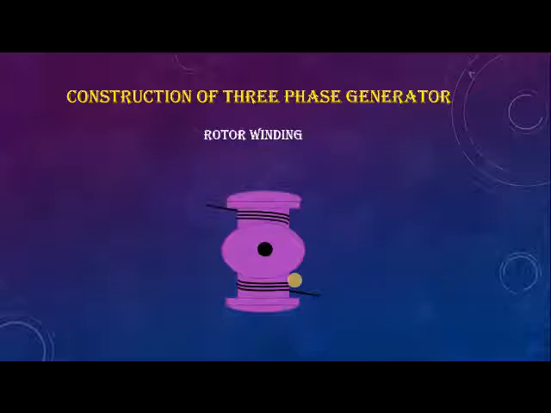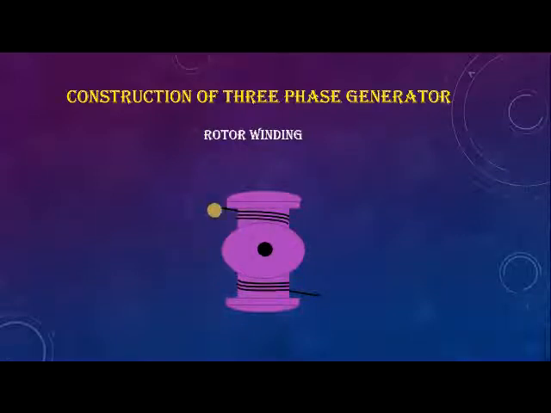Next is the rotor winding. So a copper wire is wound over the rotor core like this, and the other end comes out like this. The ends of the copper coil have to be connected to a DC supply or connected to a battery.